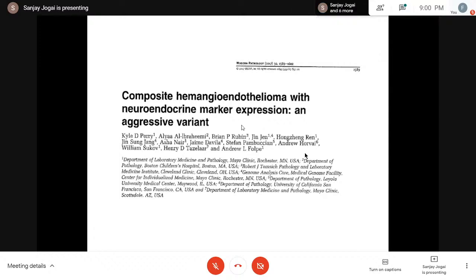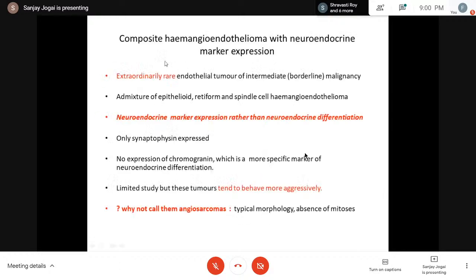So in their case series, they had seen the same thing, that these were vascular tumors, but they were showing synaptophysin expression. So extraordinarily rare tumor of borderline malignancy, admixture of these three forms, and it's basically neuroendocrine marker expression rather than differentiation. And typically only synaptophysin is expressed, and they tend to behave more aggressively.